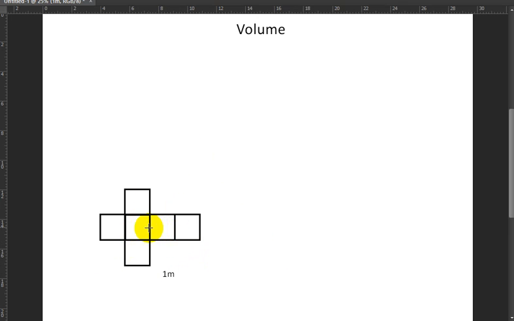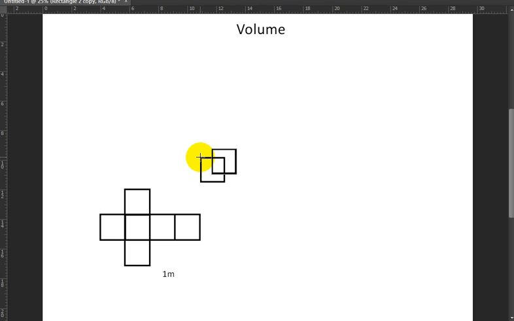Okay, well, now imagine that I cut this out, if this was paper, let's imagine that I cut all of this out, and then I folded it and then covered it off with this piece. What I would get is a shape that is called a cube.